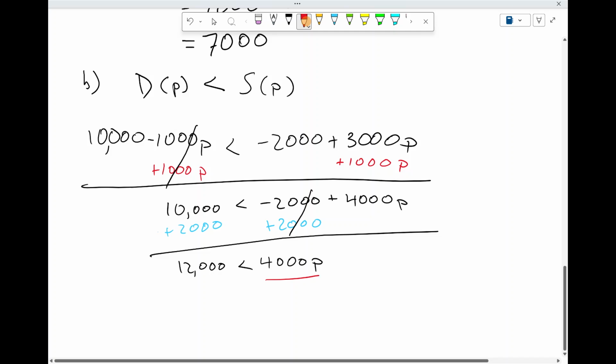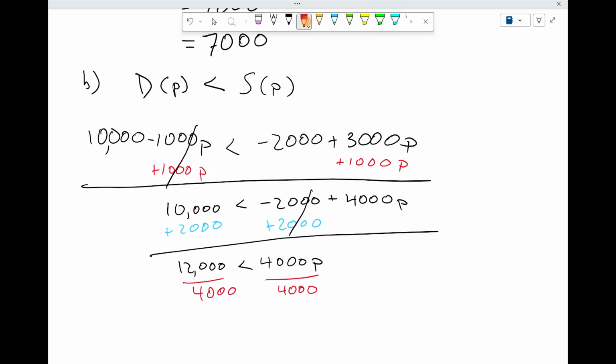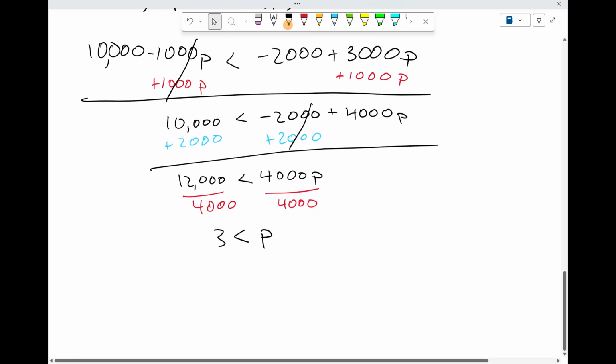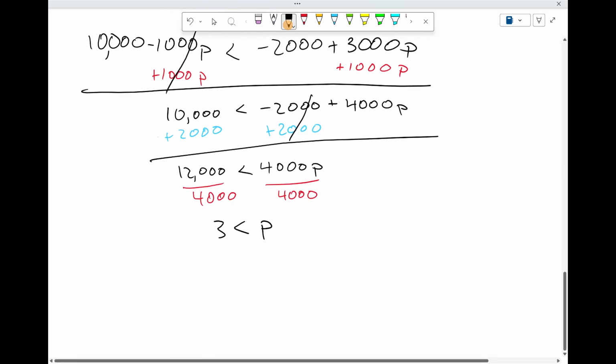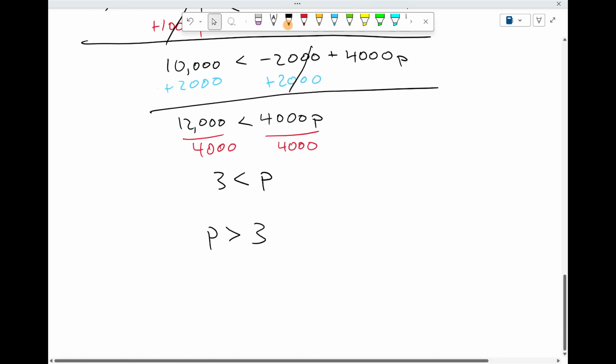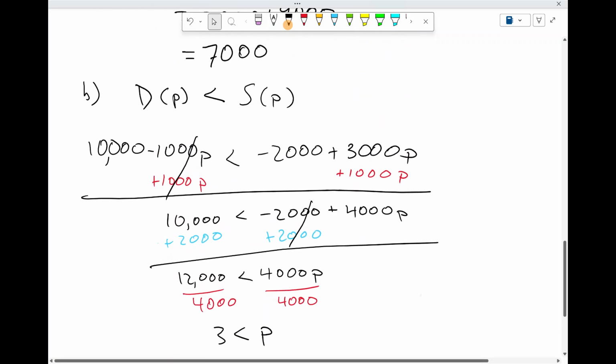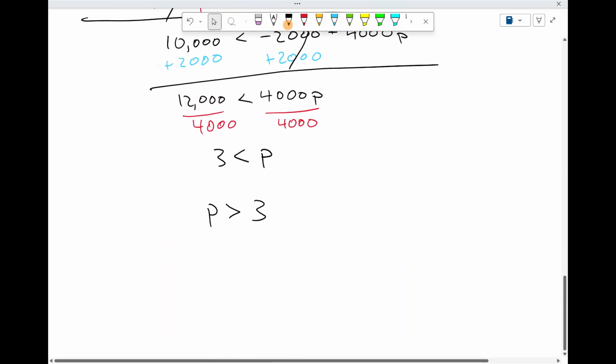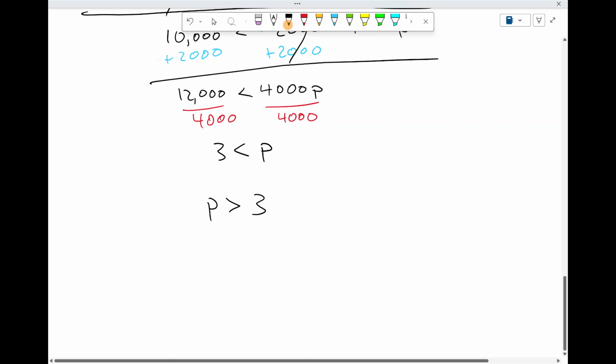And I'm going to divide by 4,000. Now, if I have the variable on the right-hand side, I do like to switch it around. And so we get, when P is greater than 3, that's when the demand will be less than the supply.